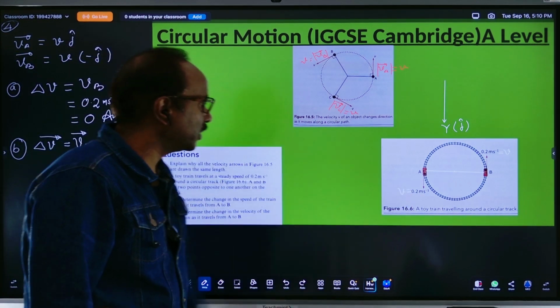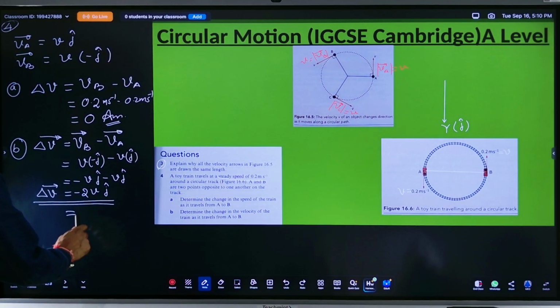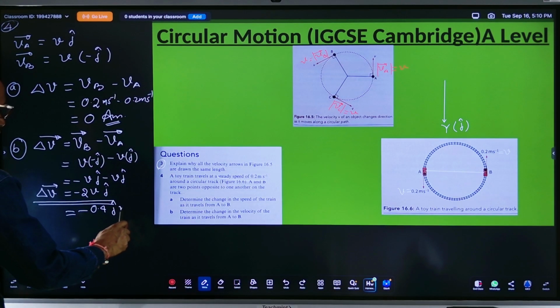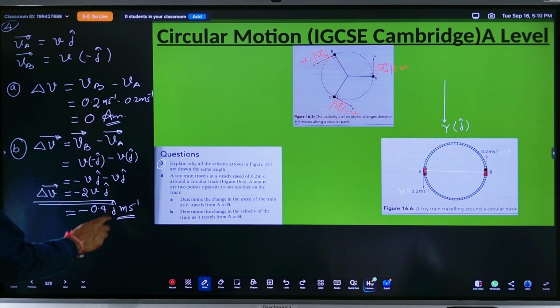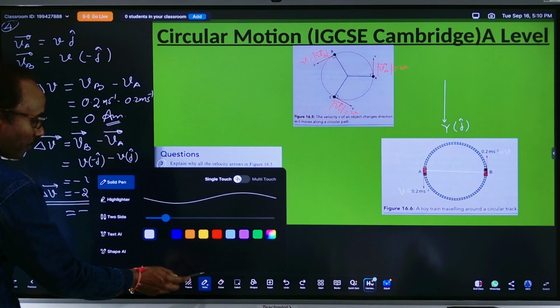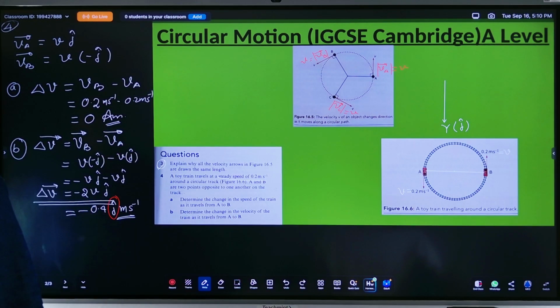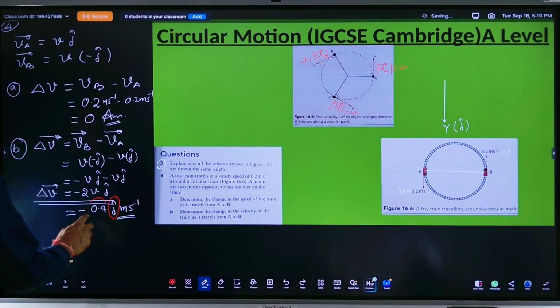V is your 0.2. So you can write 0.2, so it will become 0.4 j meter per second. Don't forget to write the unit. So this j is telling your direction, 0.4 is telling your magnitude.